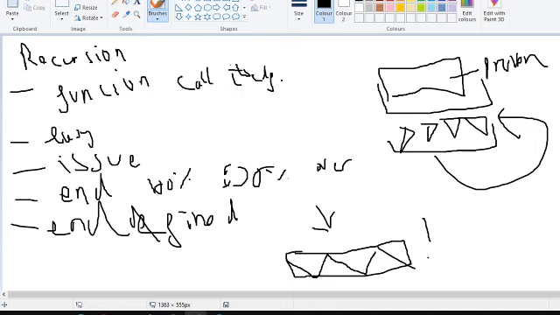So basically there are two types of recursion: direct and indirect. A direct function is basically when, say, the function is called yay and it directly calls the function yay.